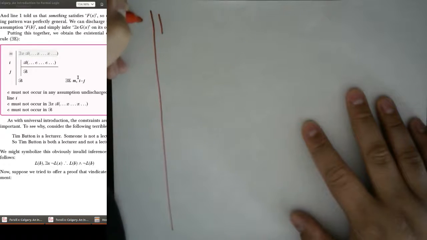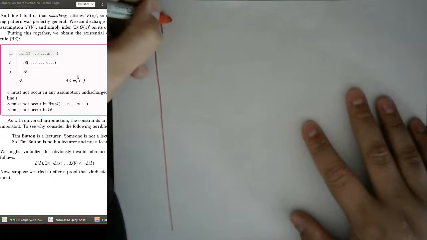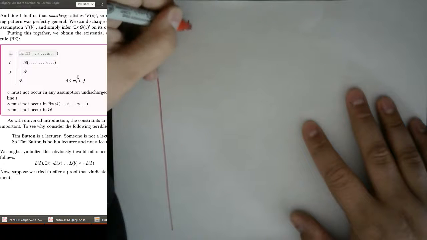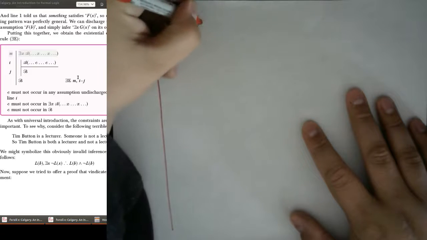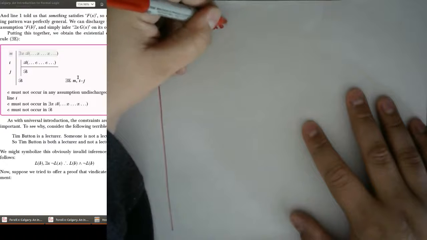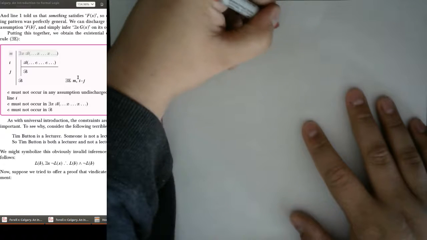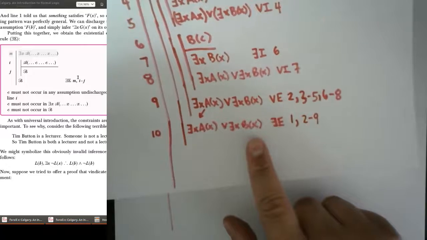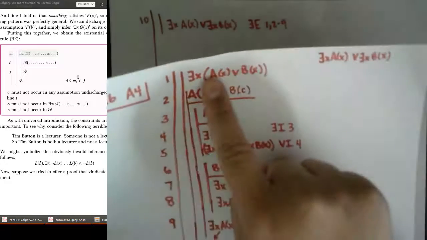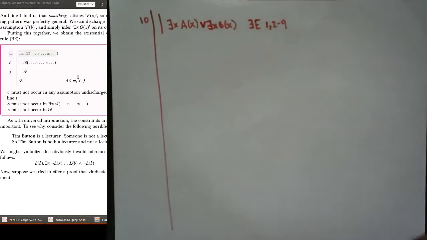We've just finished line 10, which said there exists x Ax, or there exists x Bx, and that was there exists elimination on 1 and 2 to 9. So that's the final line we had at the end of the subproof from the left half of the biconditional. So now we have to go the other direction.